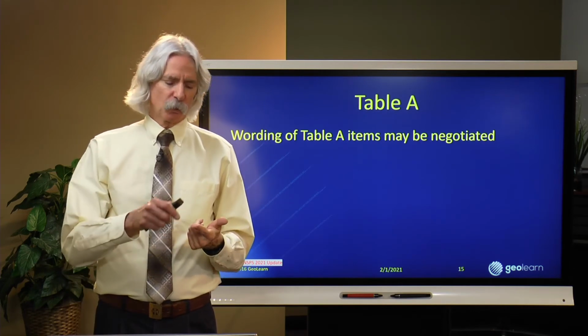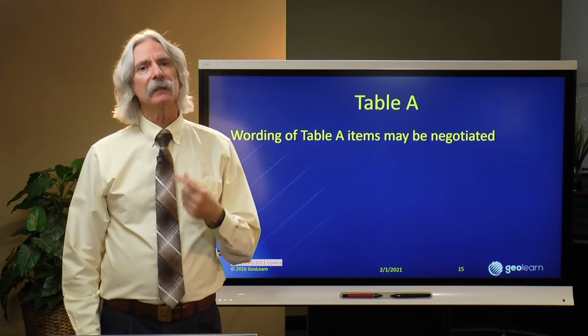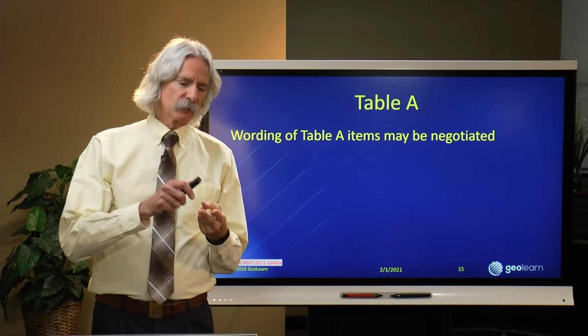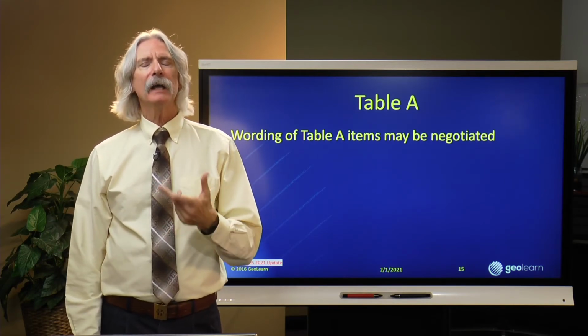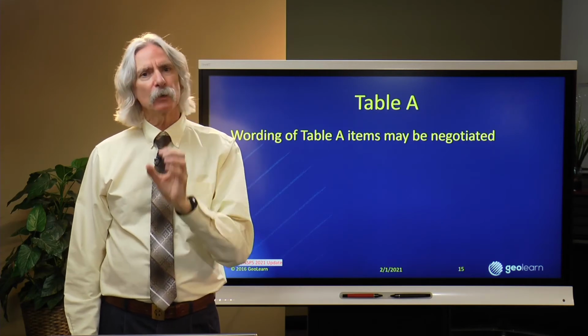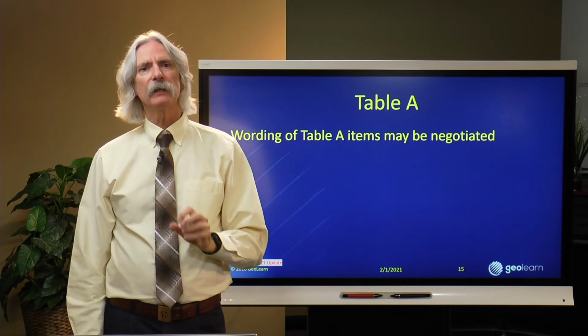Everybody understood that whether or not the item was selected, that's negotiable. Everybody understood that the fee for that item, that was negotiable, but they did not understand that you could actually negotiate the wording of an item.